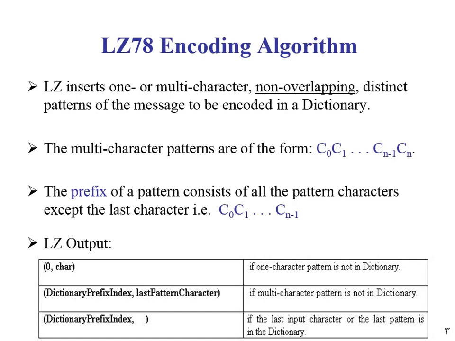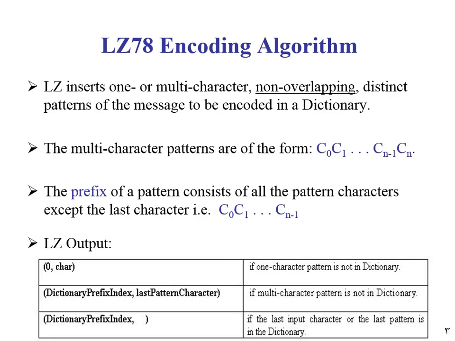The third option is that if the last input character or the last pattern is already in the dictionary, we encode it by adding the dictionary prefix of the previous pattern, with nothing added to it because it is already in the dictionary.